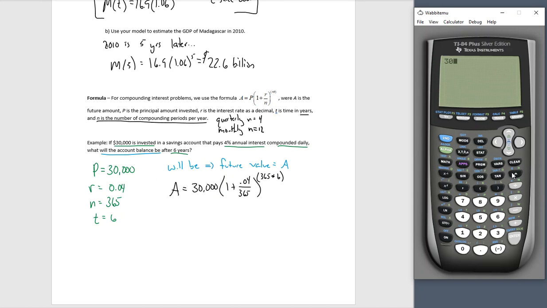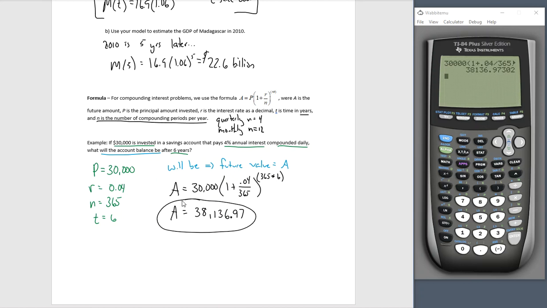30,000, parentheses 1 plus 0.04 divided by 365, close that set of parentheses, raise to a power, make a new set of parentheses, 365 times 6, close that set of parentheses and enter, and we'll find when we let the calculator do all the work that after those 6 years we'll have $38,136.97.